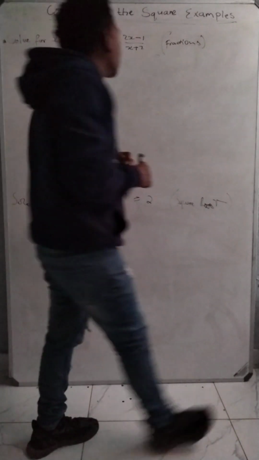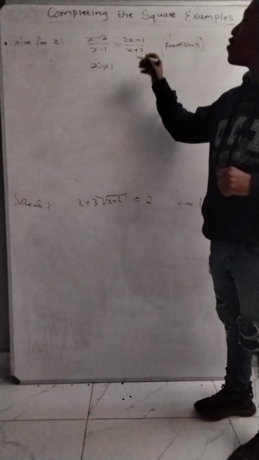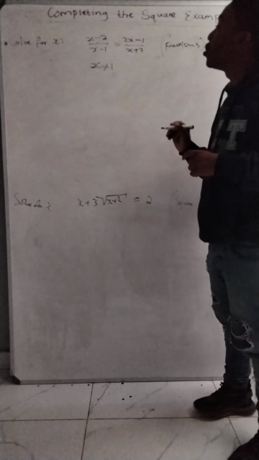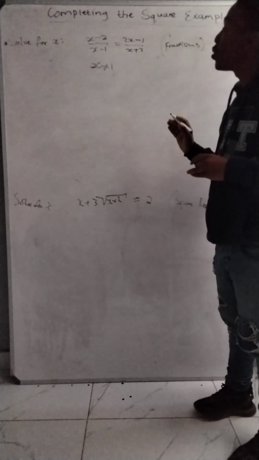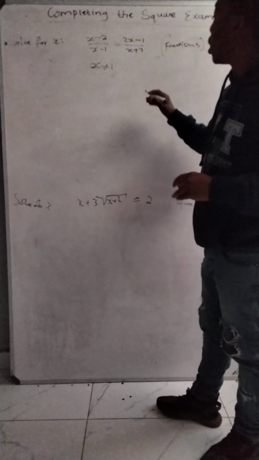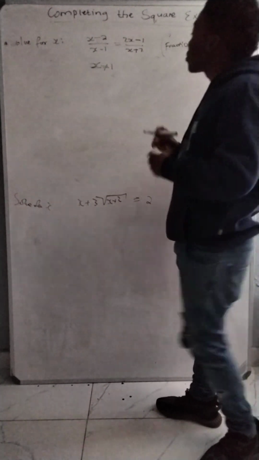The same thing applies here, x plus 7. If you have x equal to minus 7, then your expression is undefined. You cannot divide by 0, at least for this level of mathematics.